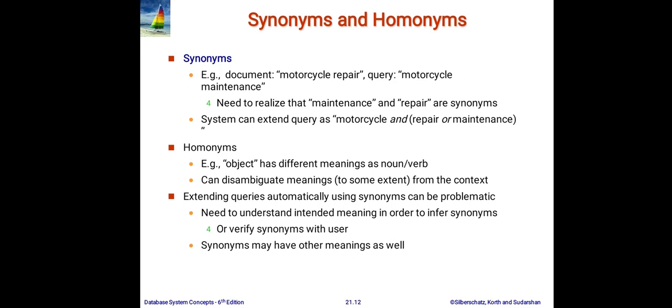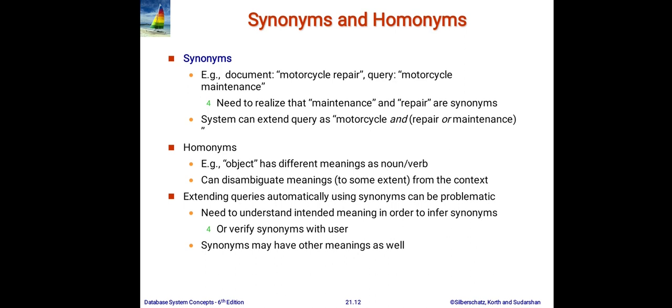Next part is synonyms and homonyms. As we all know what a synonym and homonym are. A synonym means similar. For example, one document has motorcycle repair, and another writes it as motorcycle maintenance.